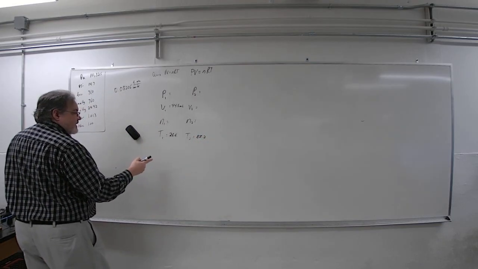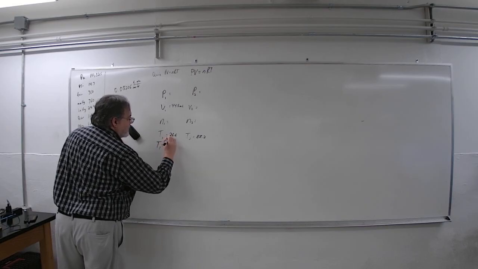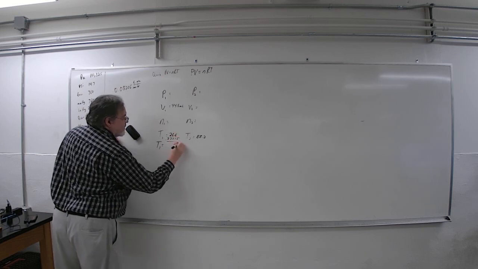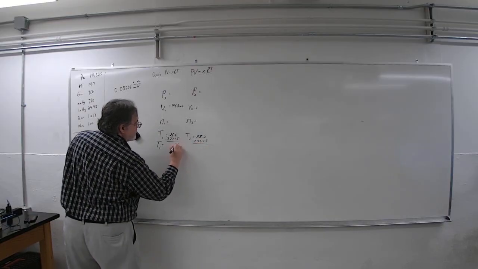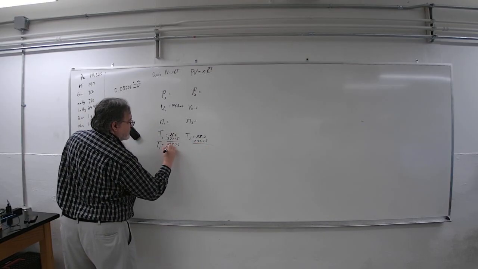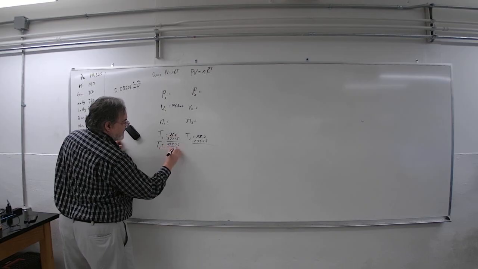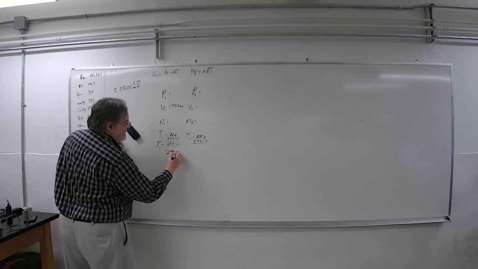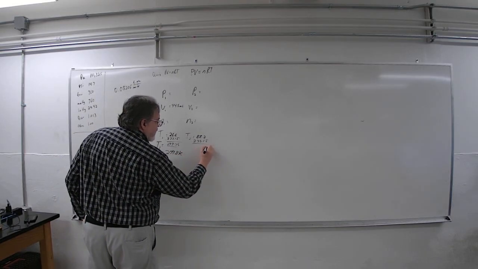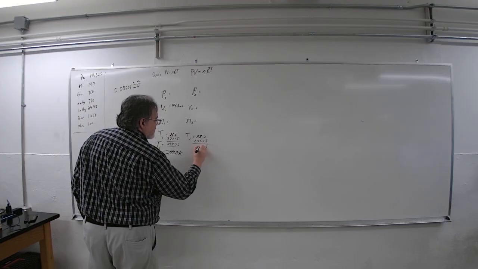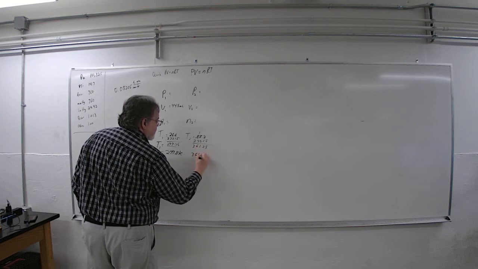But I have to convert these to Kelvin. Adding 273.15, so T1 equals 299.8 Kelvin, and the others are 353.4.